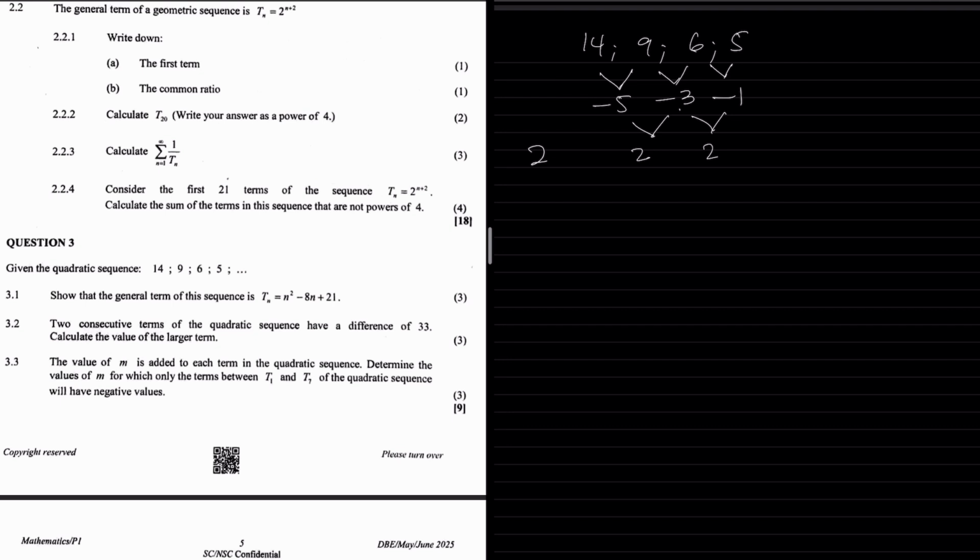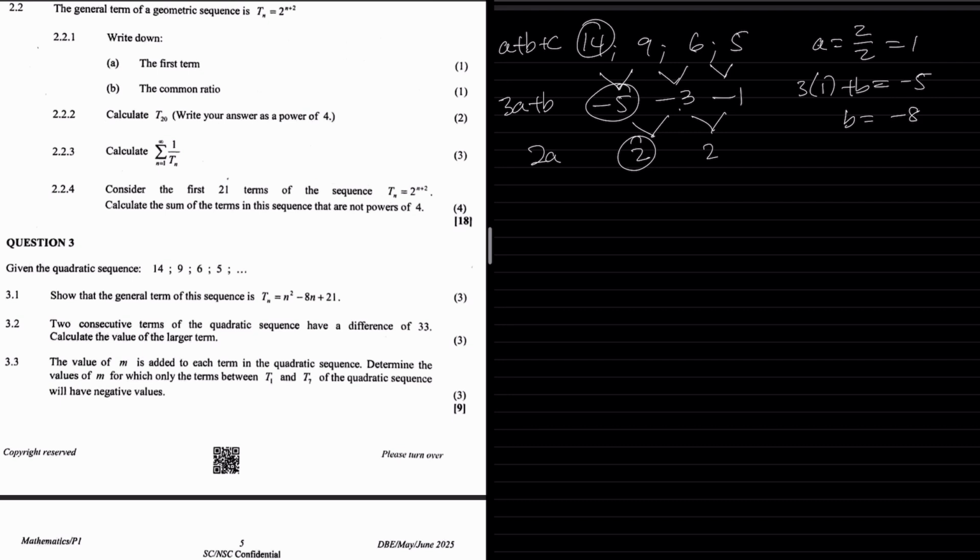Now remember, 2a is equal to this value, 3a plus b is equal to this value, and then a plus b plus c is equal to this value. So let's start. We can say that a is equal to 2 divided by 2, which is 1. Then 3 into 1 plus b is equal to negative 5, so b is equal to negative 8.